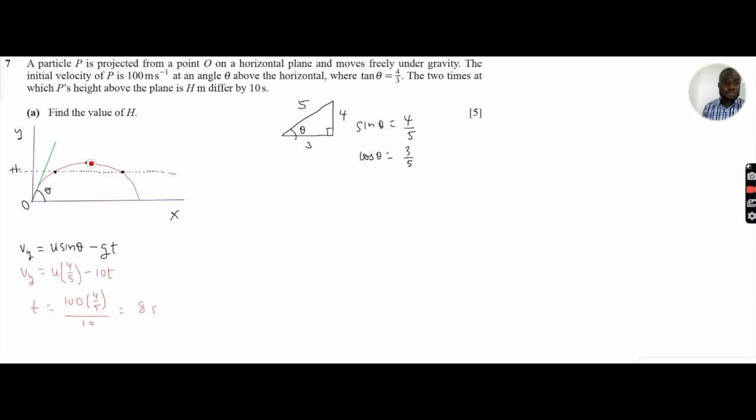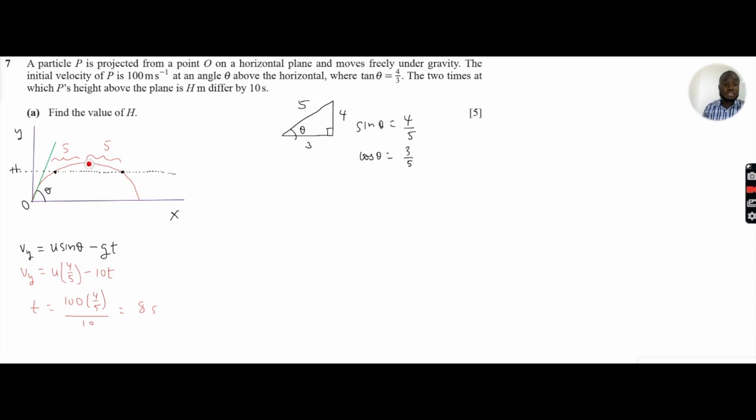If that is so, the time that the particle reaches the height h before reaching the maximum height, it should take 5 seconds, and after reaching the maximum height, it should take another 5 seconds. Remember, the graph is symmetrical about a given point.